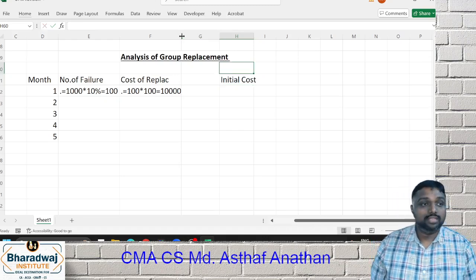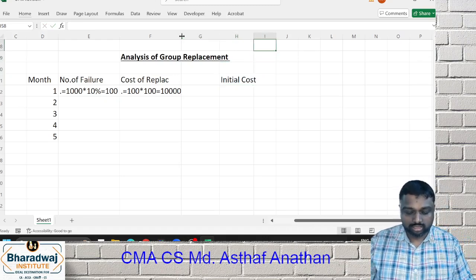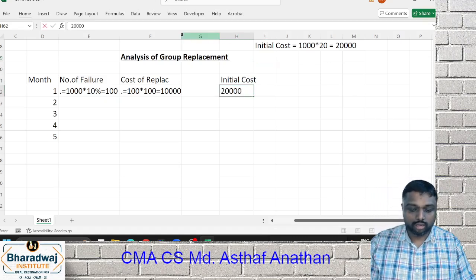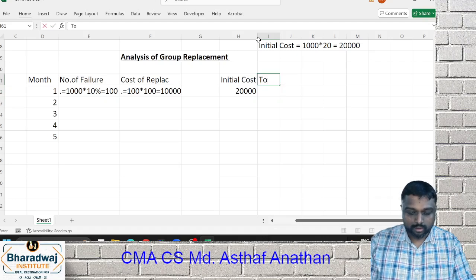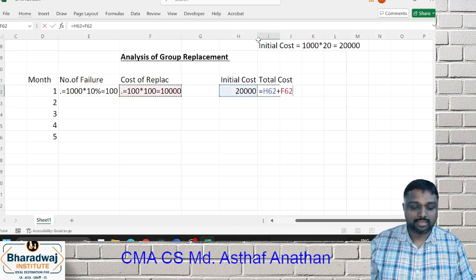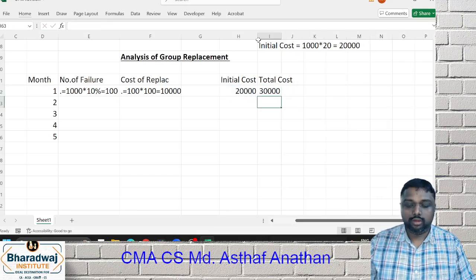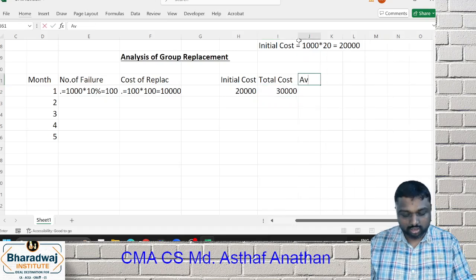If you change at the end of the month, you have to change 1000 bulbs at 20 rupees, so you will incur 20,000. So what is the total cost you incurred? Total cost is 20,000 plus 10,000, which will be 30,000. So what is the average cost?